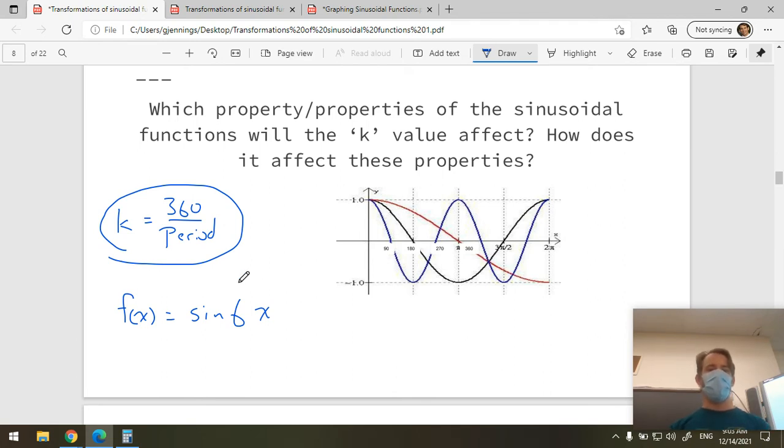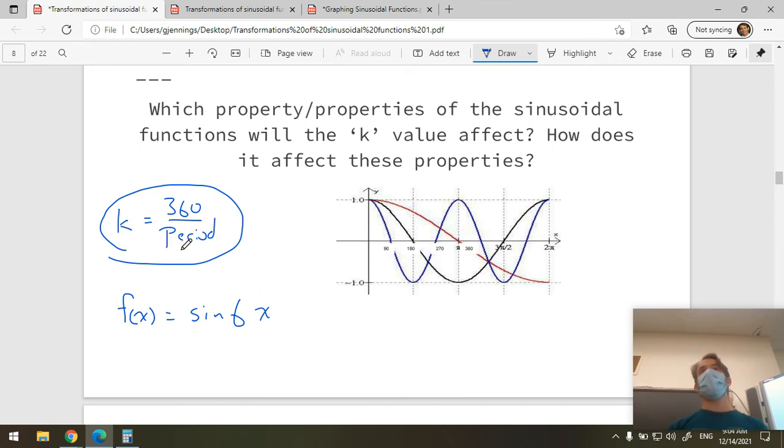What value of k will do that? No, not 3. If I want 2 to be my period, I put this in here, so I would have 360 divided by 2.